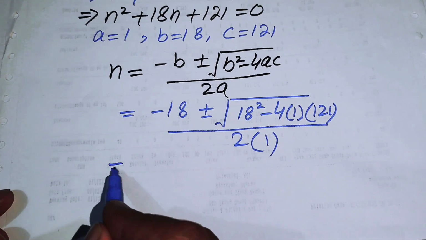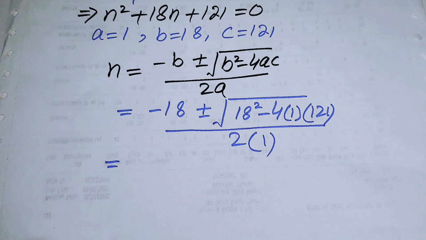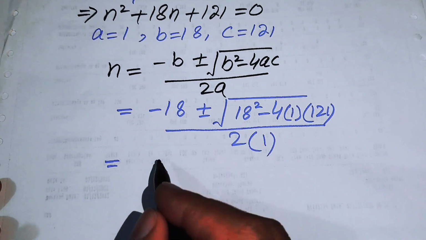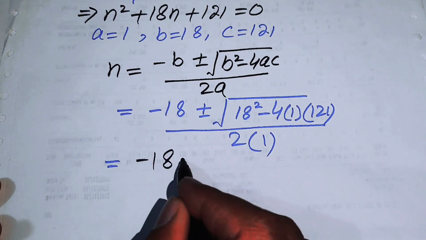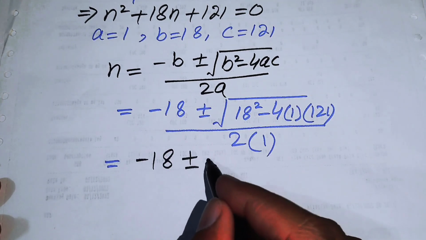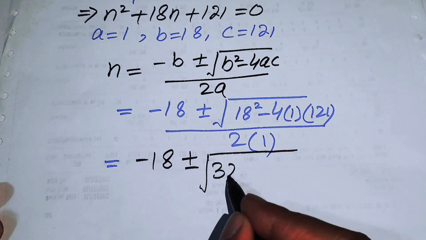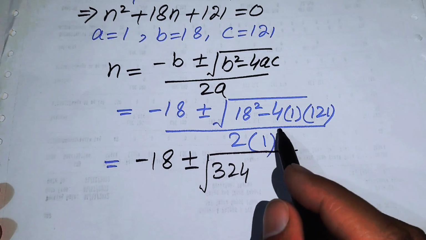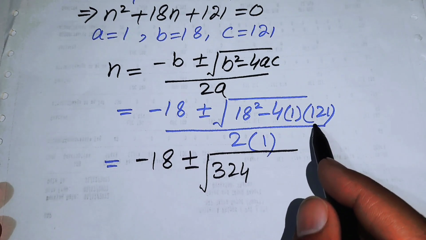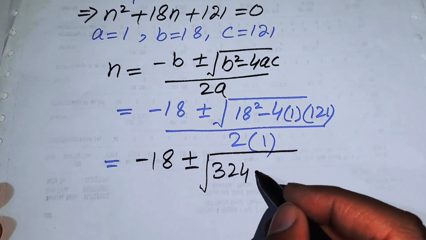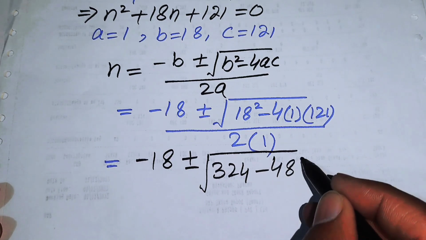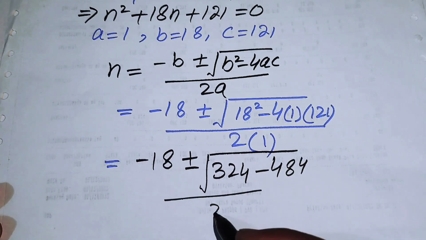Here we need a little bit of simplification, and we obtain minus 18 plus minus the square root of 18 squared equals 324, and when we multiply 4 by 121, you will obtain minus 484, and this whole over 2.